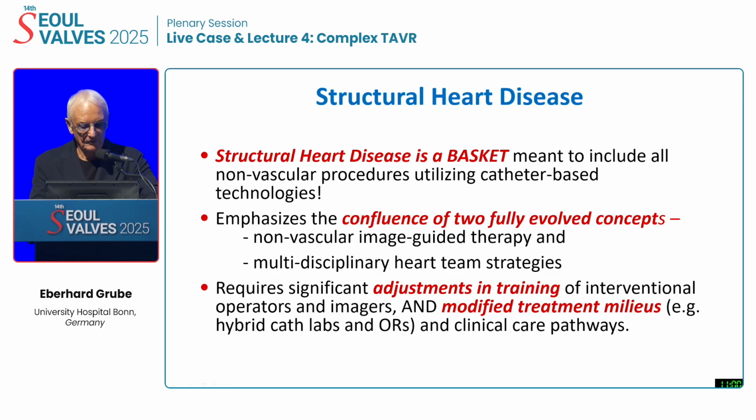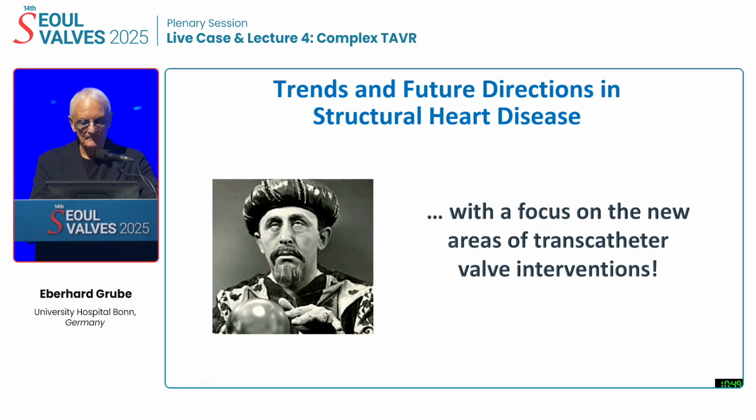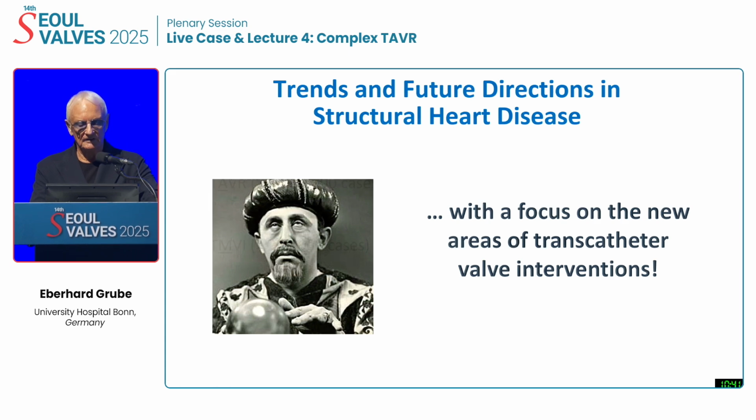It requires significant adjustments in training of interventional operators and imagers and modified treatment milieus and clinical care pathways. So, trends and future direction in structural heart disease, with a focus on the new areas of transcatheter valve interventions.